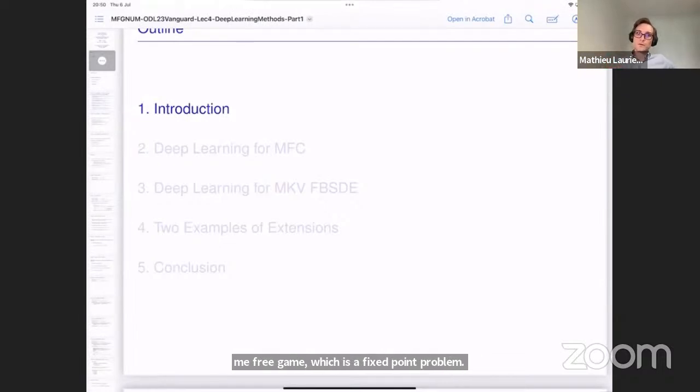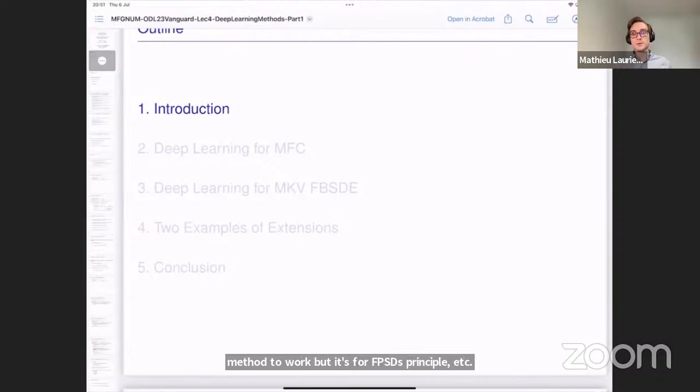The second class of algorithm will be for McKean-Vlasov FBSDEs. And this one you can use for, I would say, a generic McKean-Vlasov FBSDE, whether it comes from mean field game or mean field control, whether it is obtained by using Bellman's principle or Pontryagin principle, etc. Of course, you need some assumptions in order for the method to work, but it's for FBSDEs of McKean-Vlasov type and not just for control problems.